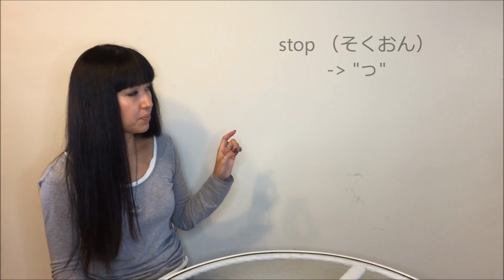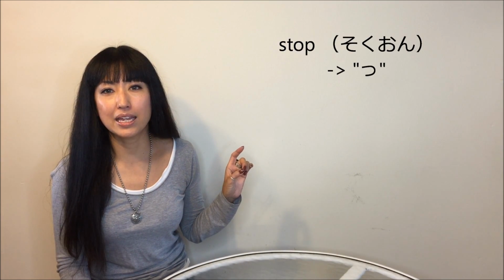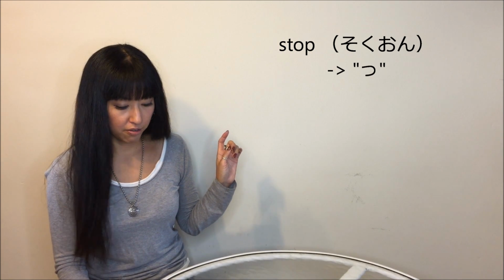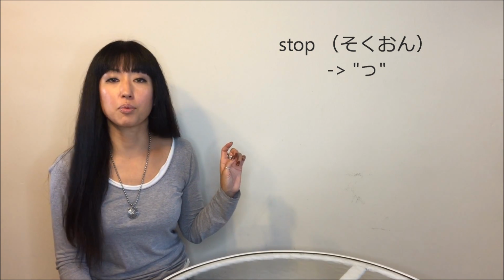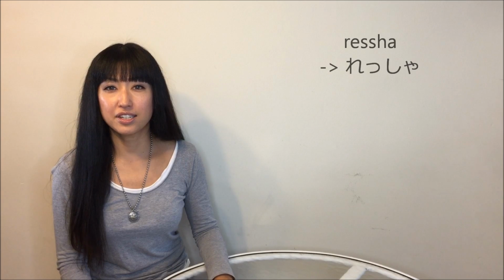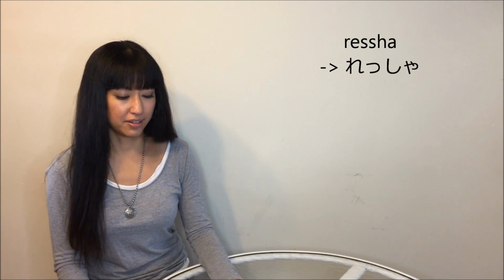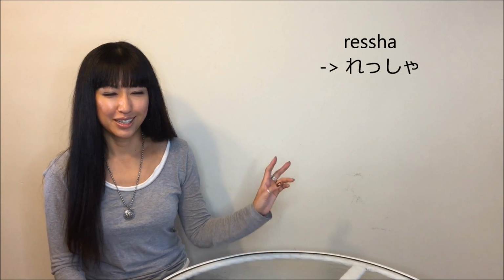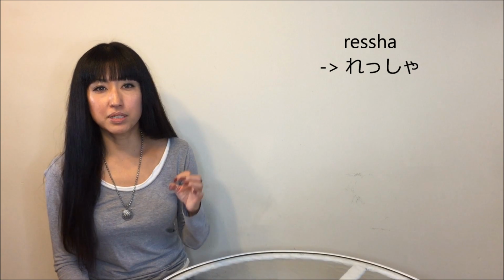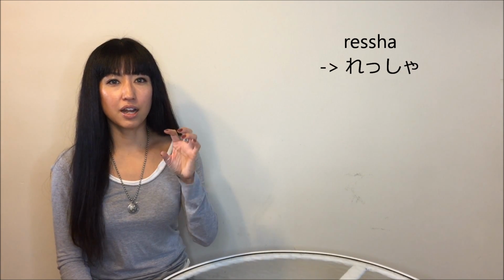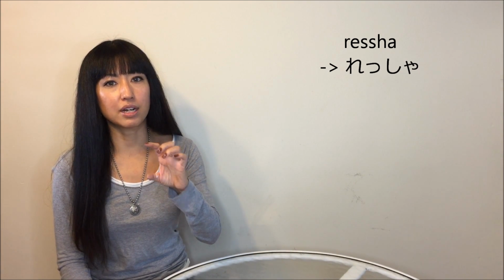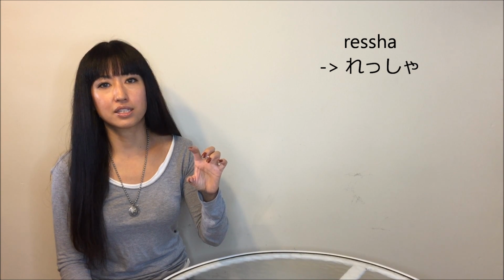Yes, and I have one more small hiragana: this tsu. We make it the stop sound. For example, this is the word ressha. It has a small tsu right here. For the stop sound, in Roman letters I think we double the consonants.